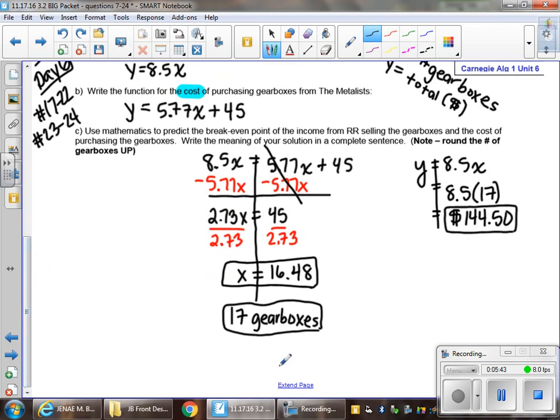It would be interesting to talk real quick about, did rounding change these from being exactly equal? Because I know I just mentioned it didn't matter which one. But for those of you who maybe chose to plug into the second equation, just for fun, let's see what happens when we substitute 17 in here. So 5.77 times 17 is 98.09.